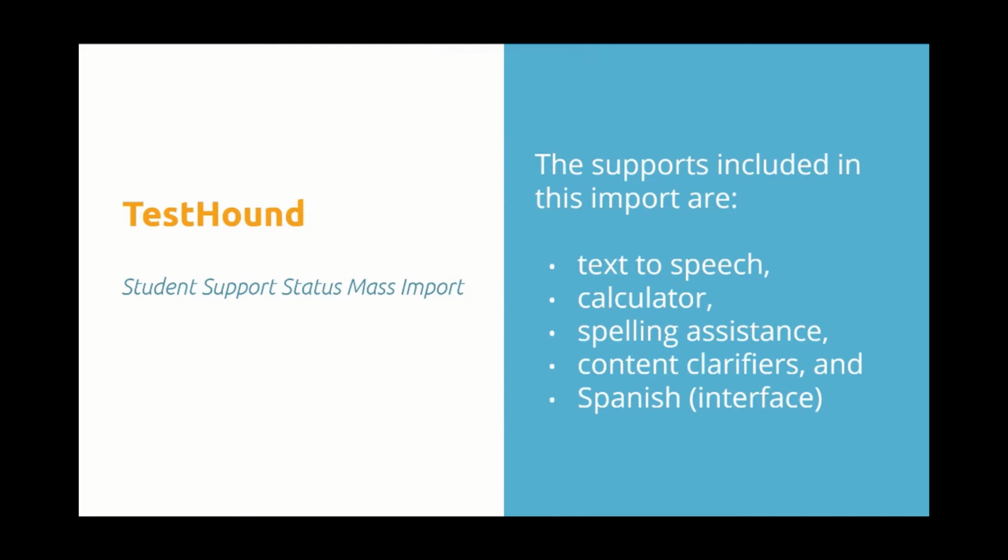So as you're doing that TestHound import, these are the 5 student supports that you will be able to pull over from that system into Eduphoria. And they will divide out between English, writing, math, science, and social studies. So those are going to be the areas that you are able to pull in from TestHound.